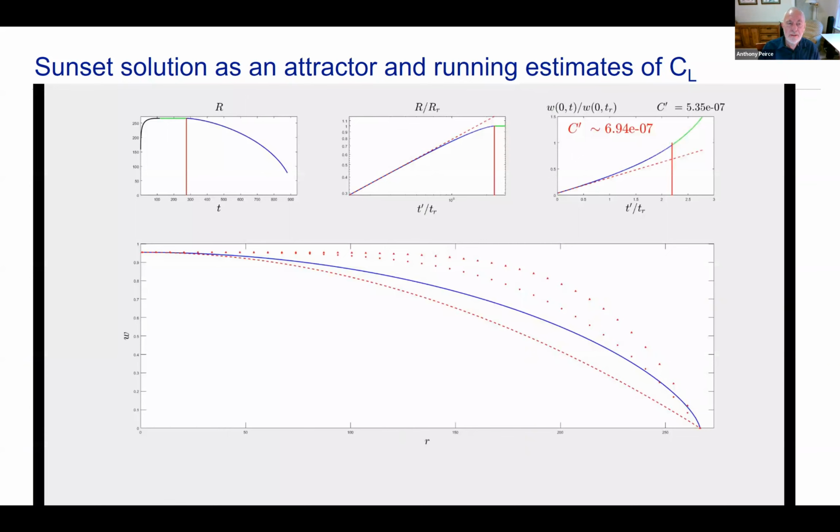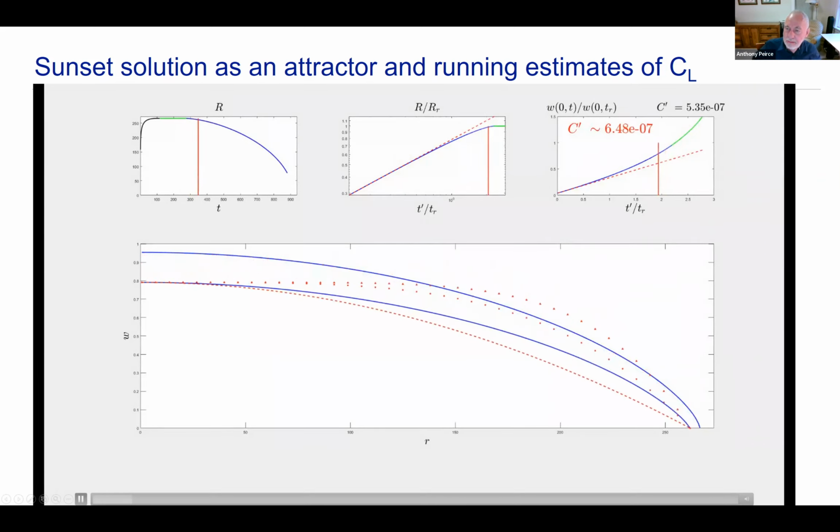Here's a graph where I'm going to plot the case n equals 2, 4, and 6. In this little window, I'm going to measure the time derivative of W as a function, just taking a forward difference as the fracture moves back towards the collapse time. Let's look at the video.